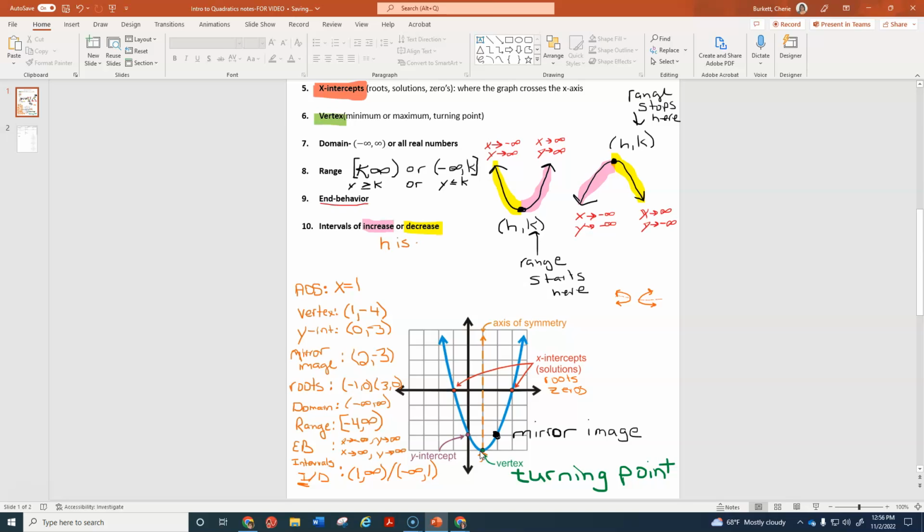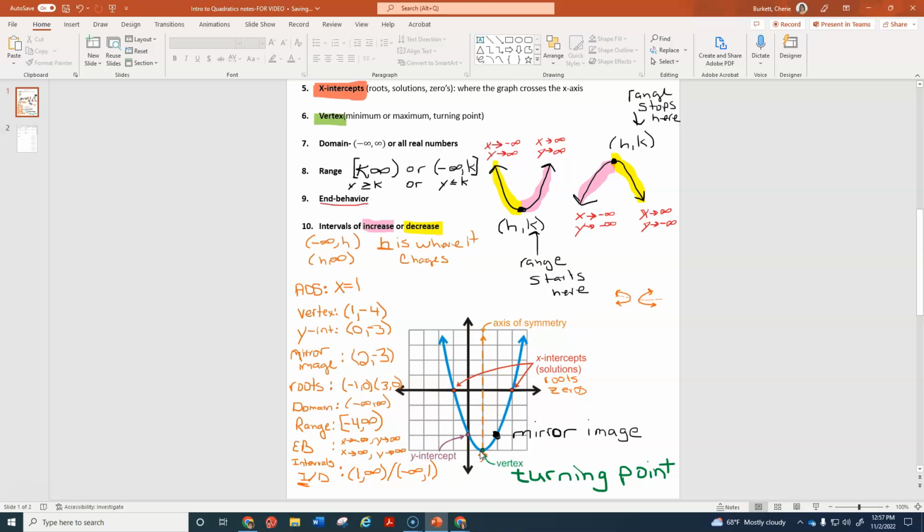H is where it changes. So H is what's going to be in the interval. And it's either going to be negative infinity to H, or it's going to be H to positive infinity.